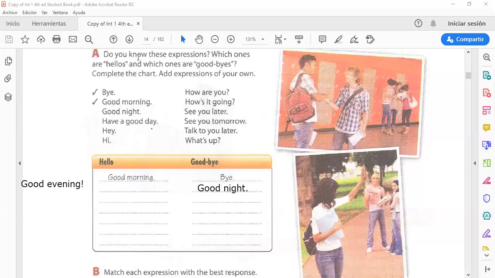Next one, have a great day. Have a good day. What is that? Hello or goodbye? Have a good day.